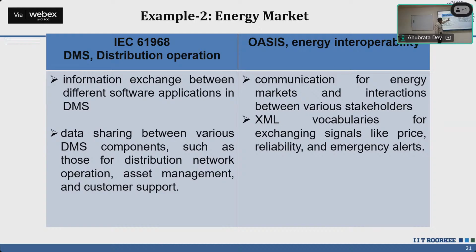It is used for exchanging information between the software applications in the DMS. In this case, data sharing takes place among various DMS components, such as distribution network operation, asset management, and customer support. This is the utility side.